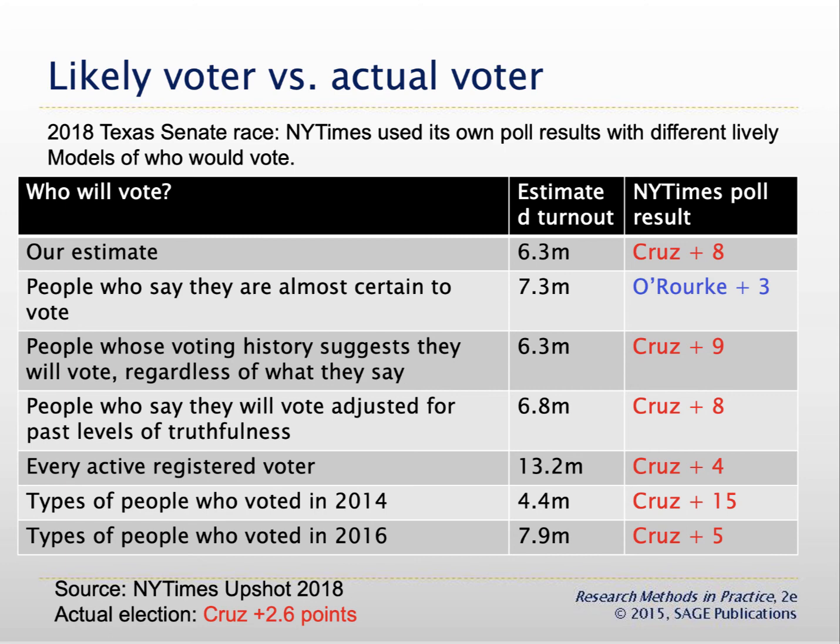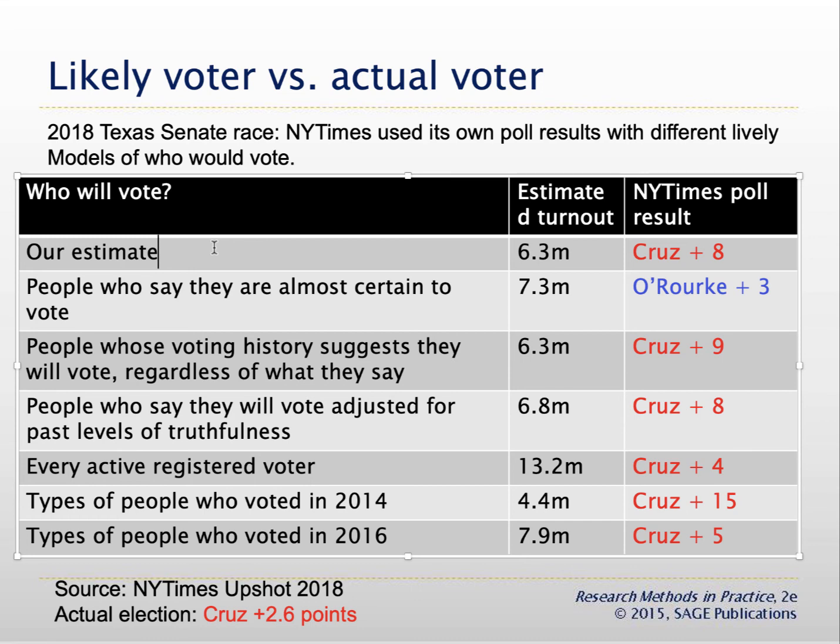To make these predictions, election pollsters use something called likely voter models because they don't have the actual voters. Even the people themselves don't have the actual voters. This table shows how sensitive the results can be to those models.